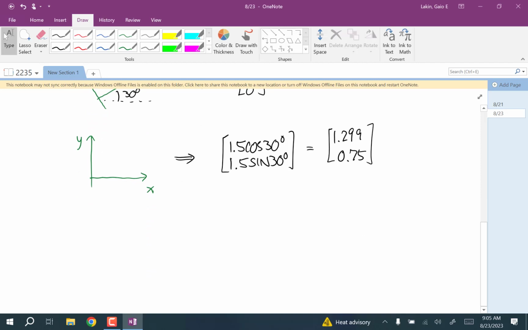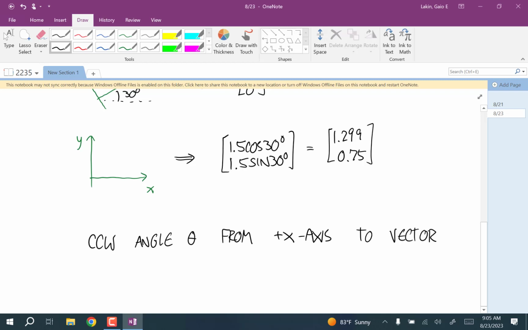It always works, to find vector components, to find the counterclockwise angle theta from your coordinate system's positive x-axis to the vector. And then the components are the length of the vector times the cosine of theta and the sine of theta.